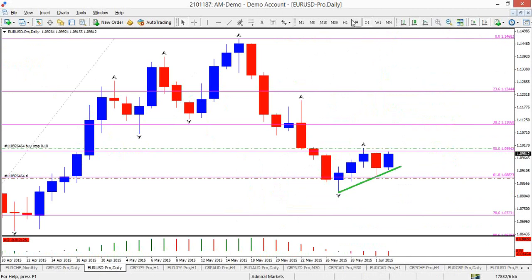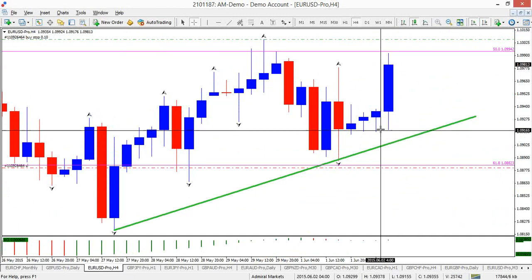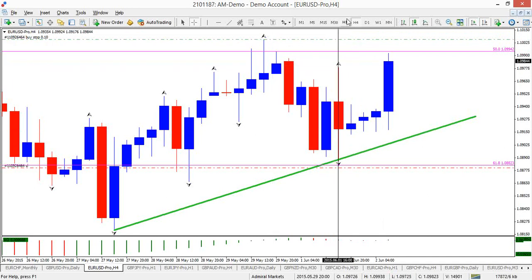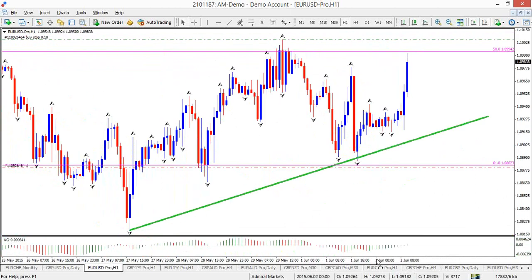Oh, by the way, Beverly said that the 109.80 has been broken. So yeah, we're getting pretty good momentum here. And definitely pushing and pushing. Looks like a good push so far.